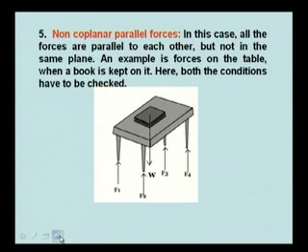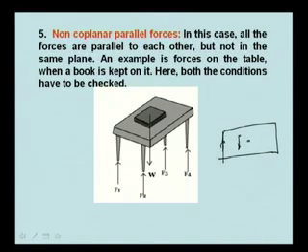If we make a free body diagram of the table, let us say the top view of the table, where one has kept a book, but you replace the book, then you will get the force applied by the book, that is basically W on the table.